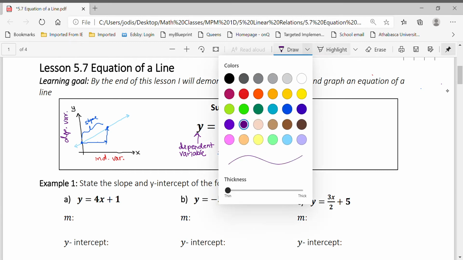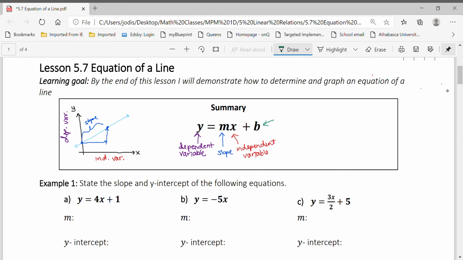And then our b, this represents the y-intercept. The y-intercept is actually where our line touches the y-axis.